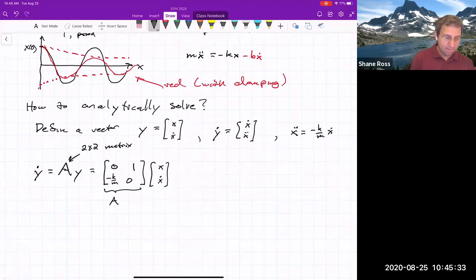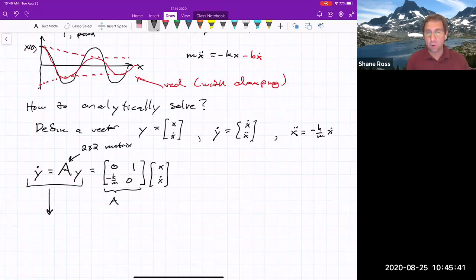And this can be solved. The solution for a linear ODE with constant coefficients is y as a function of time equals e to the At times y0. So this is the exponential of a matrix. If you haven't seen the exponential of a matrix, it looks like this.